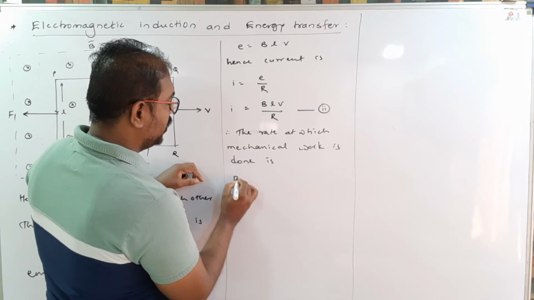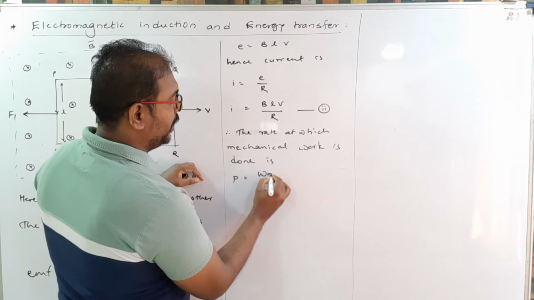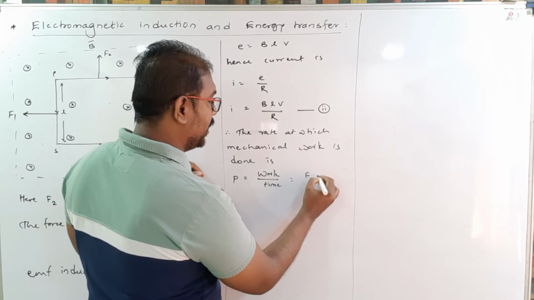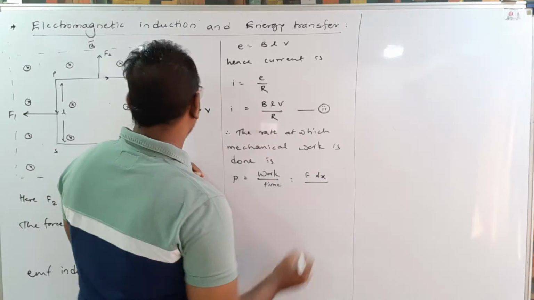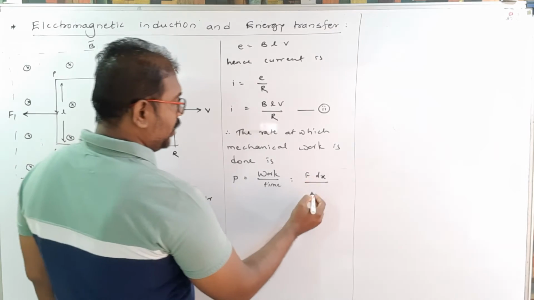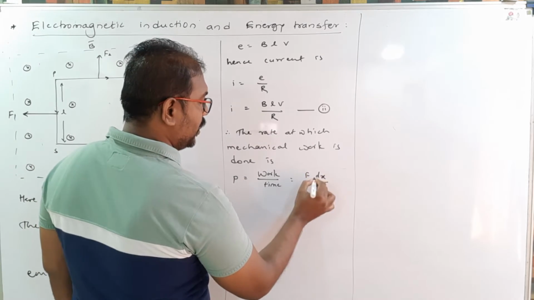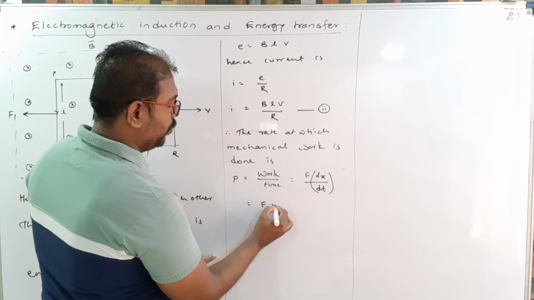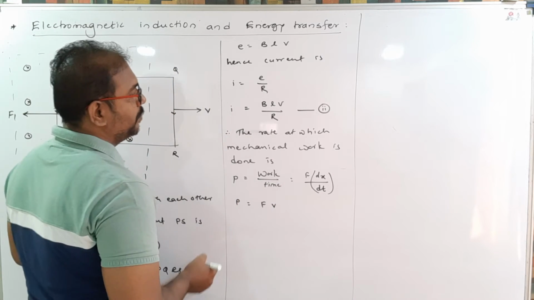Power is work by time. Work is force into displacement. I consider displacement dx, so the coil is pulled through a distance dx divided by time dt. Then dx by dt is velocity. So F into V is the power.